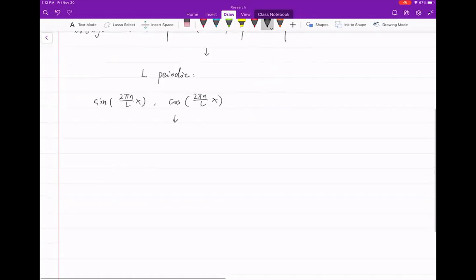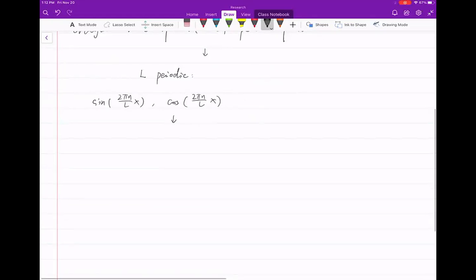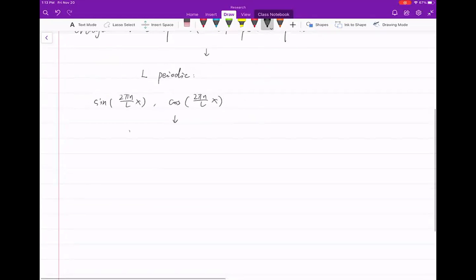Still good. And then we went from here to complex, because sine and cosine together, we can use another way to say it. That is going to be f(x) equals the sum of c_k, which is nothing but related to the a_n and b_n before.